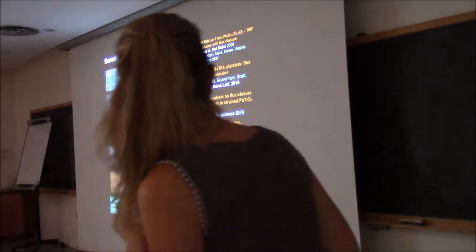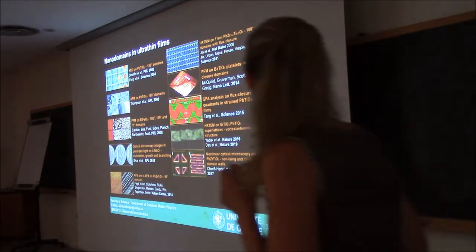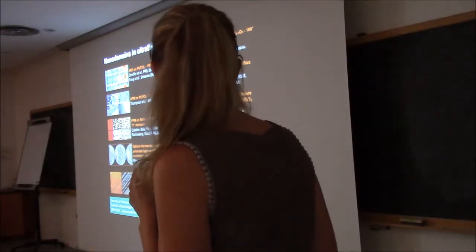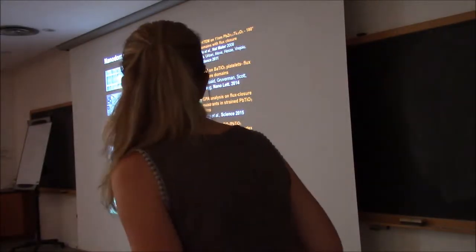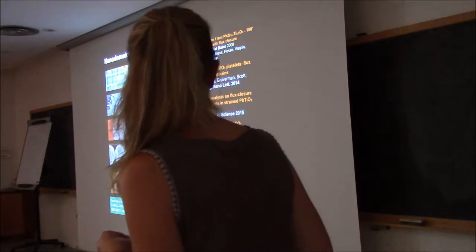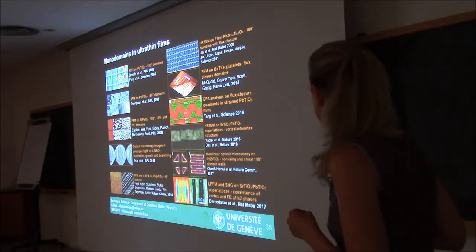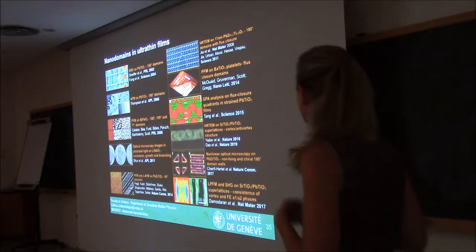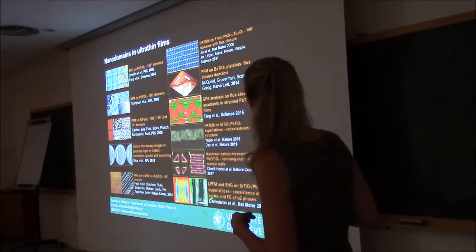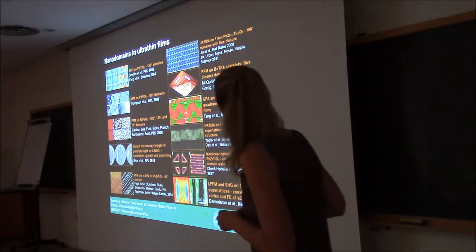And also some nonlinear optical microscopy on PZT, showing that you have some non-Ising and chiral 180-degree domain walls, or LPFM and second harmonic generation on STO-PTO superlattices, showing the coexistence of vortex and ferroelectric phases.